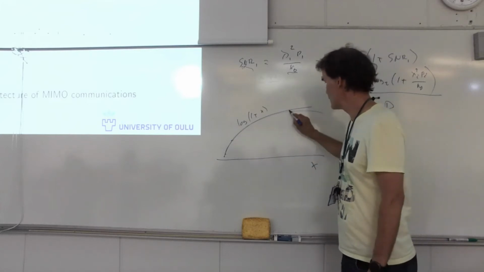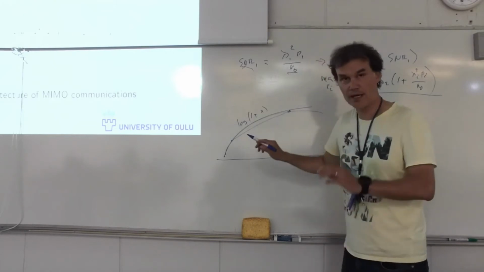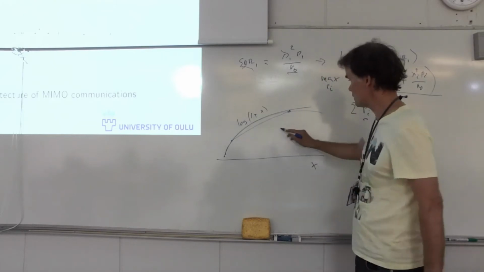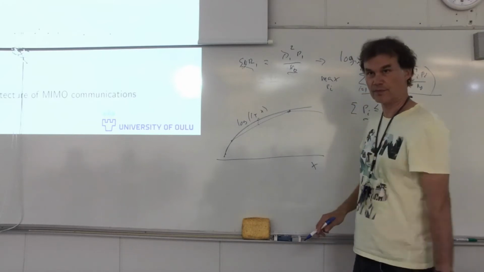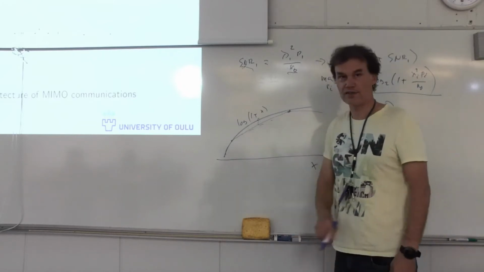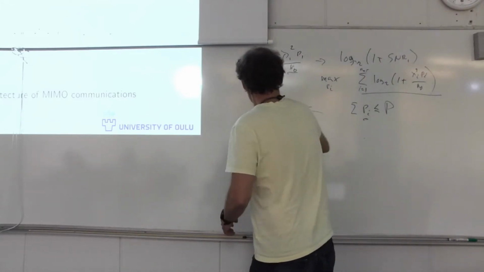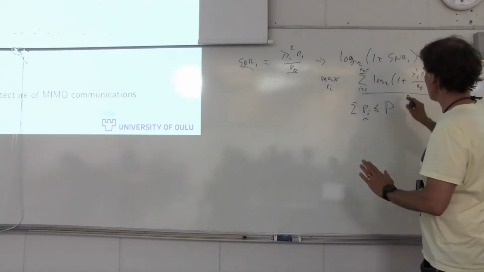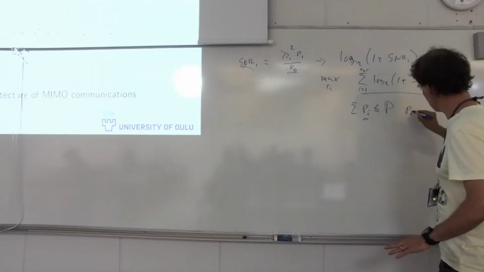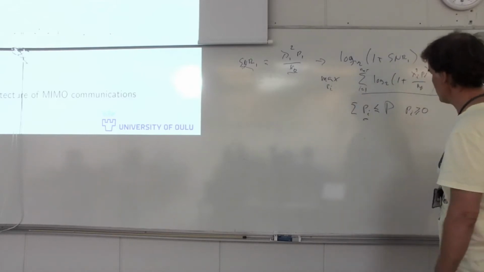Concave meaning that for any two points, if you connect them by an affine function, the actual function value is larger than the affine combination of these points. Linear combination. All right. Of course the powers also have to be positive. So we have a convex optimization problem.